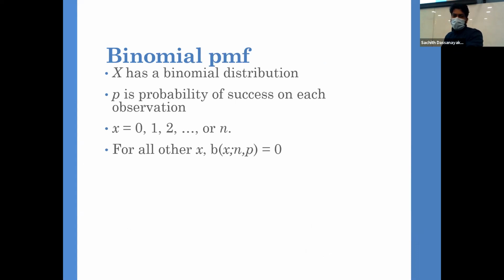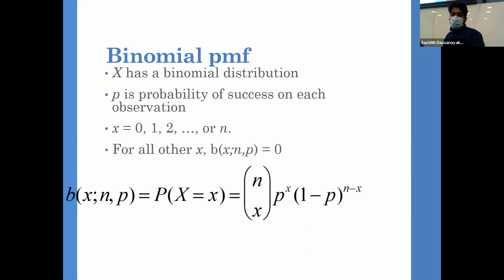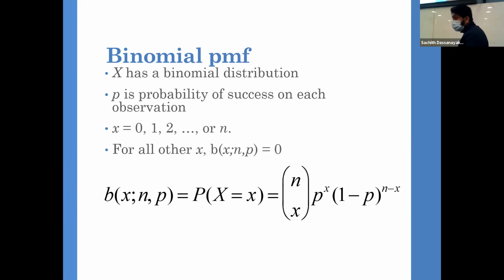Anyway, I'll finish it from here. This is the binomial distribution, or simply the binomial probability mass function. We can denote the binomial distribution like capital B or simple B or BIN, something like that.